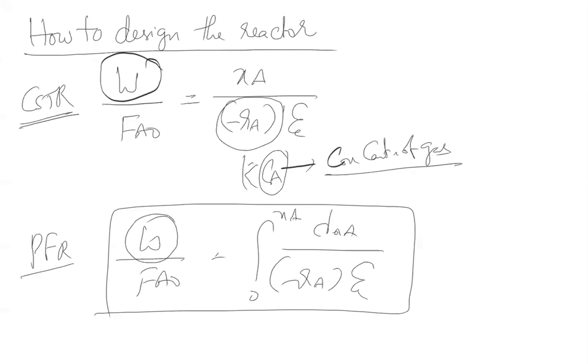Volume change factors will come in terms of concentration. What is the concentration? Let's say Ca equal to Ca naught into 1 minus Xa by 1 plus epsilon Ca Xa. If it is liquid phase, no change. W stands for weight of catalyst.